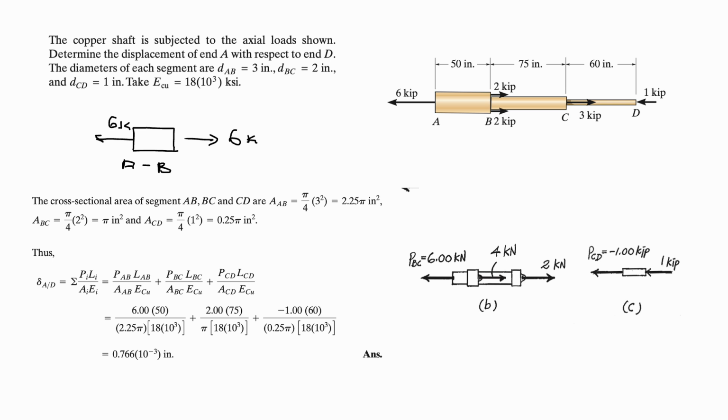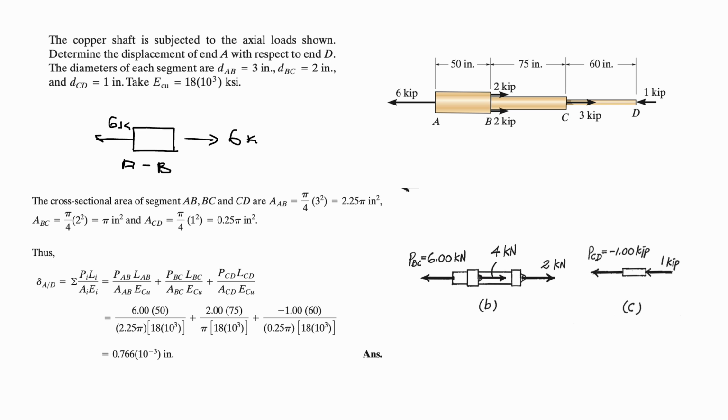And at the end, we will have a force of 2 kips, which will again be positive. So that is 2 times 0.75 inch over pi times 18,000 ksi. And at the end, between C and D, we have a pushing force, which is 1 kip, and that means minus 1 times 60 inch length. Then we have 0.25 times pi times 18,000, and in the end your answer will be 0.766 times 10 to the power of minus 3 inch.